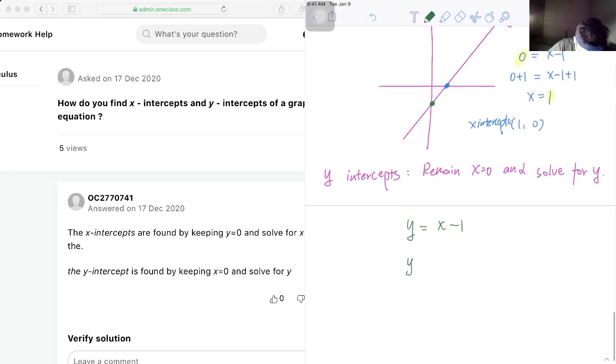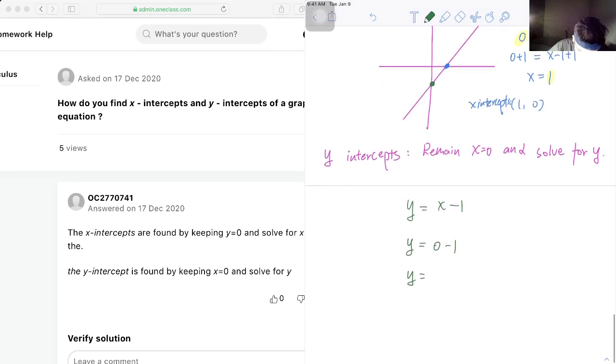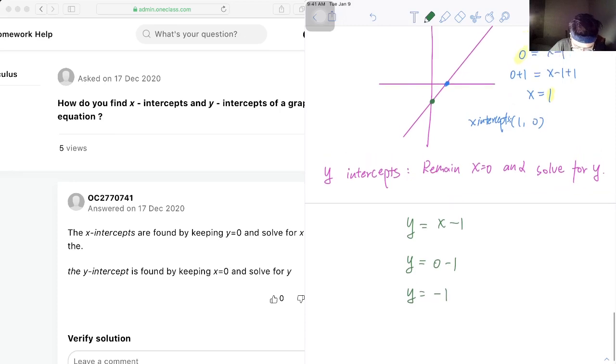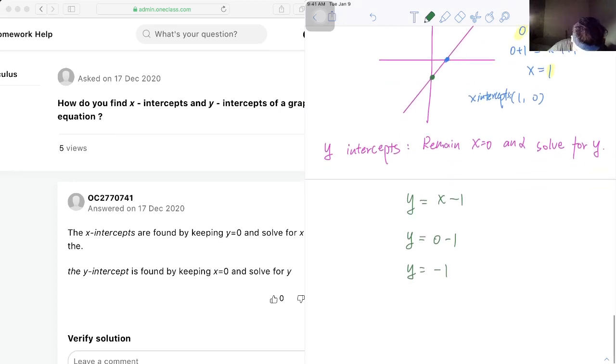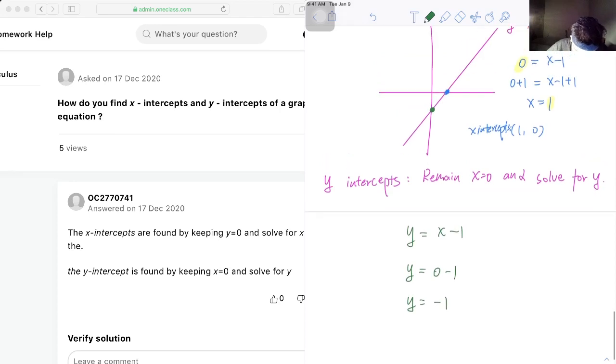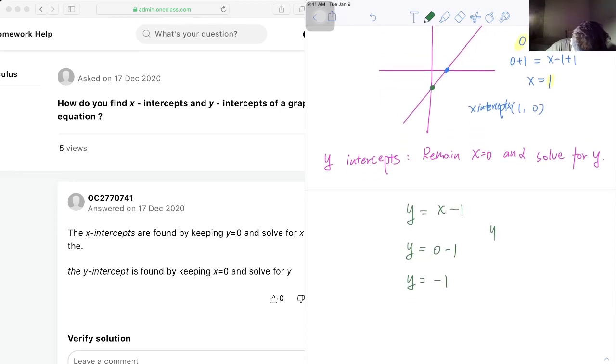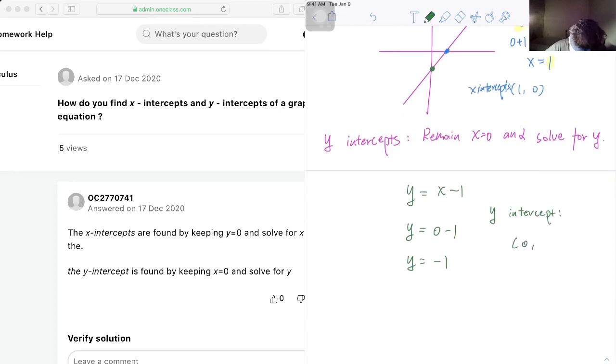So we have y is equal to 0 minus 1, which is going to give us y is equal to negative 1. So we will have the y-intercept, which is 0, negative 1.